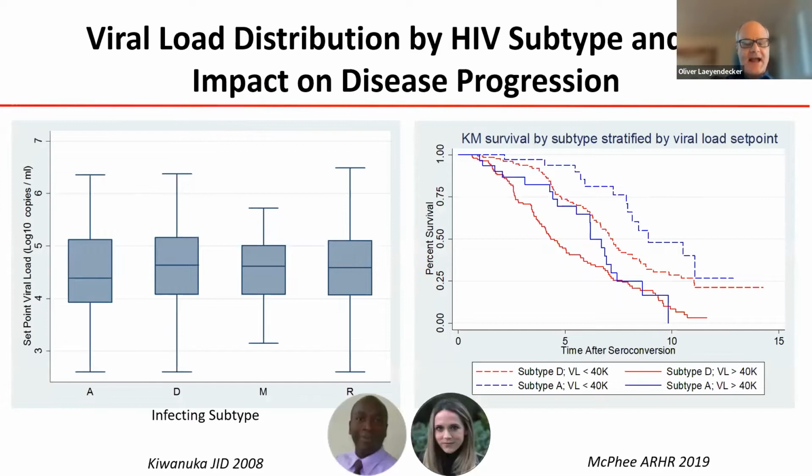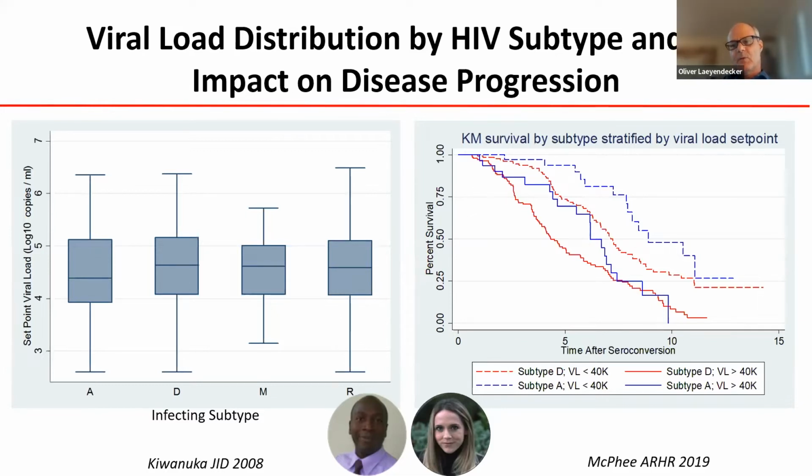Now, when we looked at the infecting subtype and what the difference in set point viral load was among all these individuals in Rakai, we noticed that there really wasn't a difference in the set point viral load by subtype.